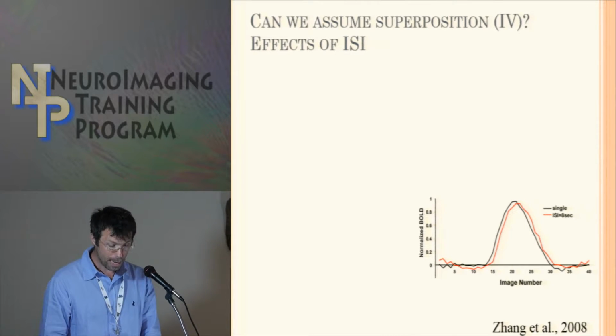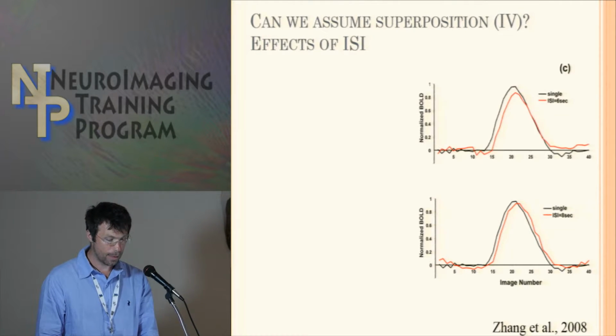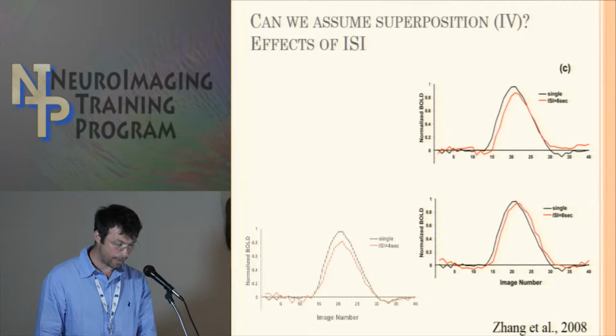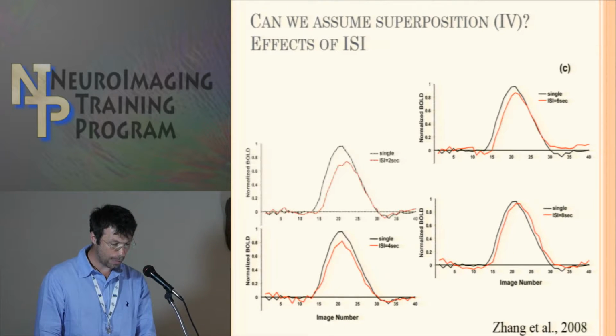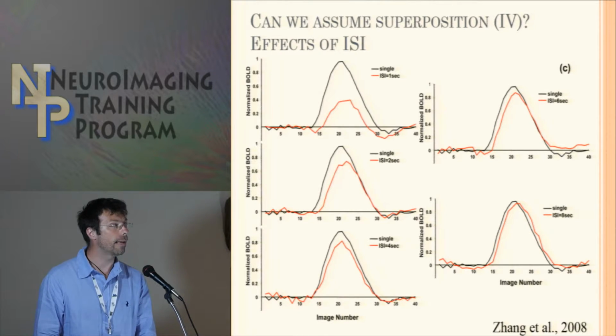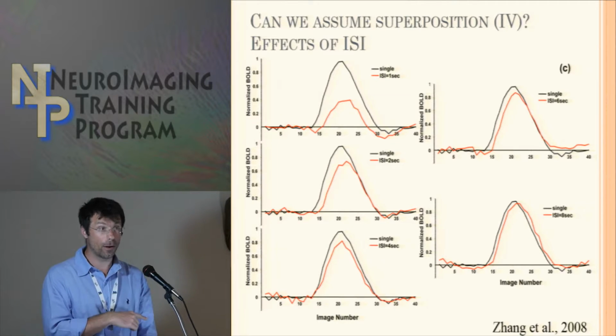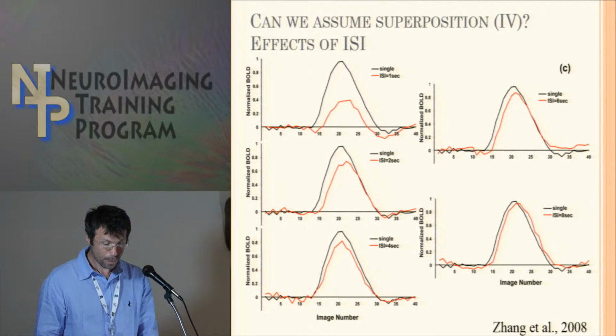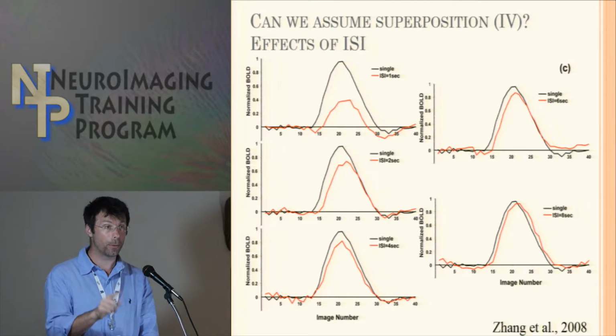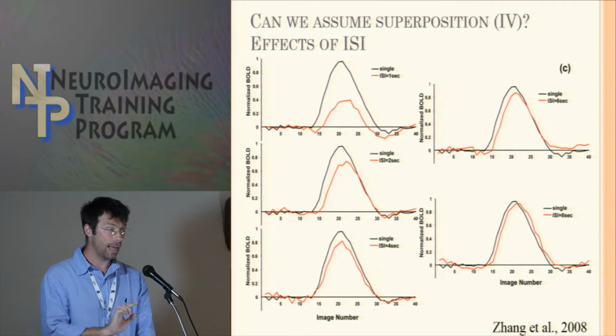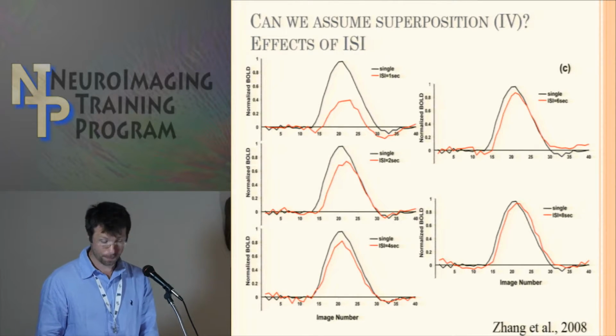You thought it was that simple. A different way of showing the exact same thing is when you're deciding how much spacing you want to put in between your trials. Here's the response to a single trial in black, and in red you're seeing the response to a second trial that happens 8 seconds later. Now do that 6 seconds later.